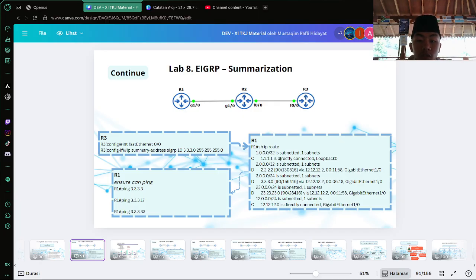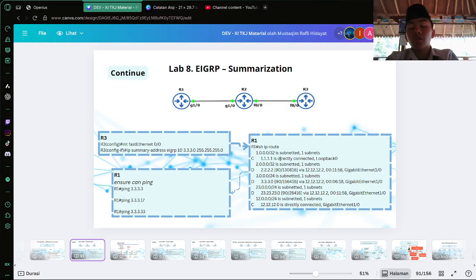The configuration: the command ip summary-address AJRV 10 is configured on router 3, on the FastEthernet 0/0 interface.